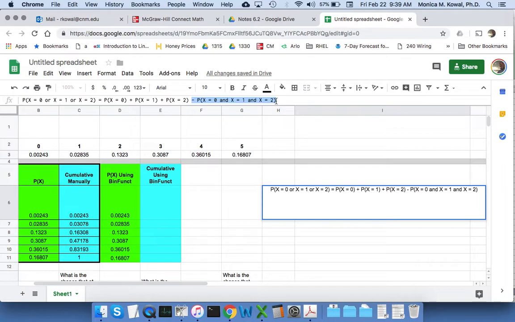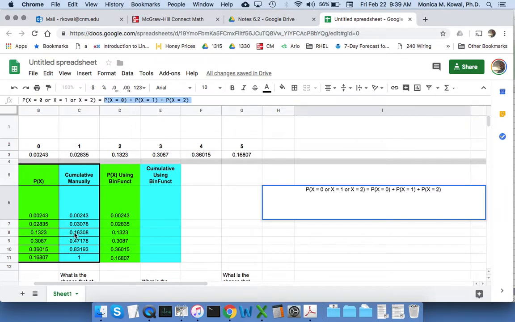You can't have simultaneously none of the seeds germinating together with only 1 and together with only 2 seeds germinating. So that goes bye-bye, and you're left with just the sum of the individual probabilities that none or 1 or 2 of the seeds could germinate. That would mean we'd have to sum this cell here, this cell here, and this cell here.